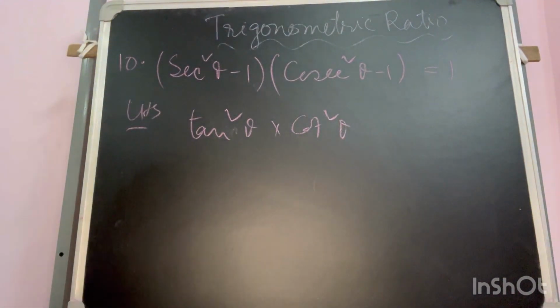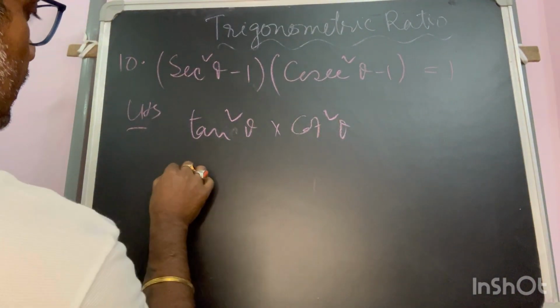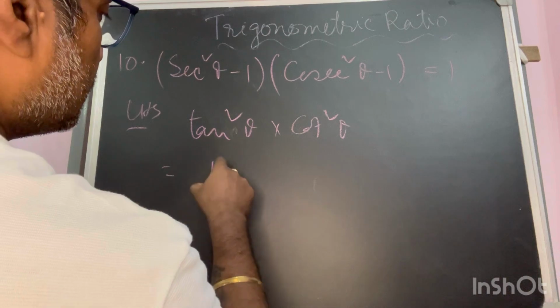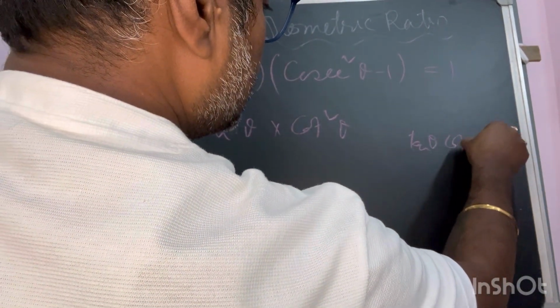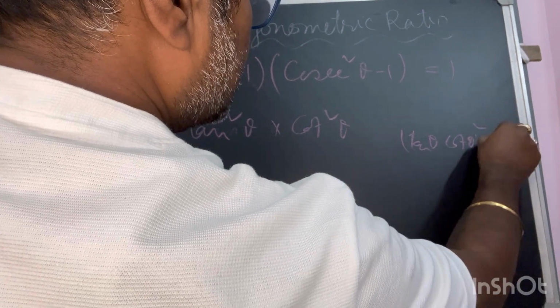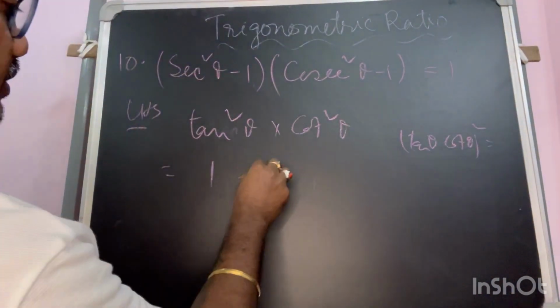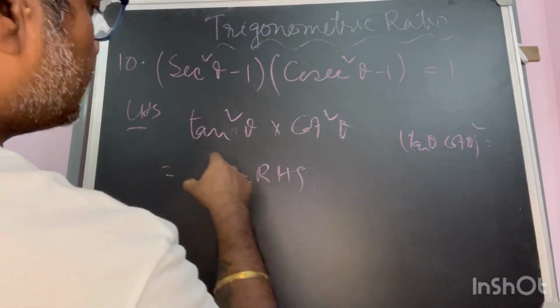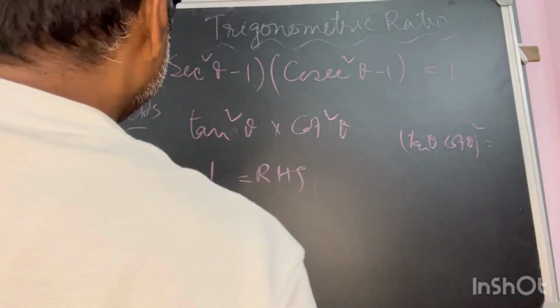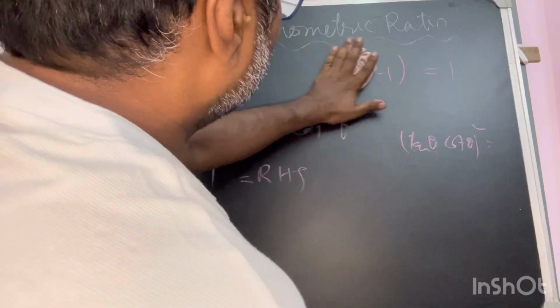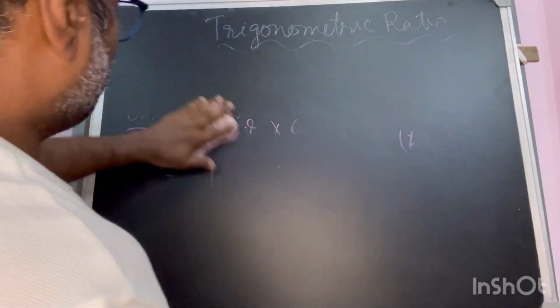Tan and cot are inversely related, so that is equal to 1, because tan theta into cot theta is equal to 1, so the whole square will also be 1. So this is equal to the right hand side. Tan theta is equal to 1 by cot theta, so that results in 1.